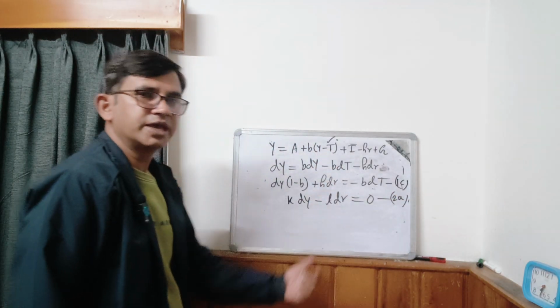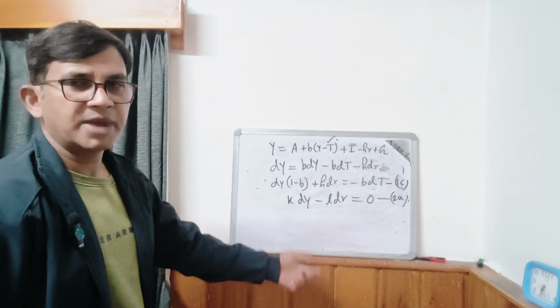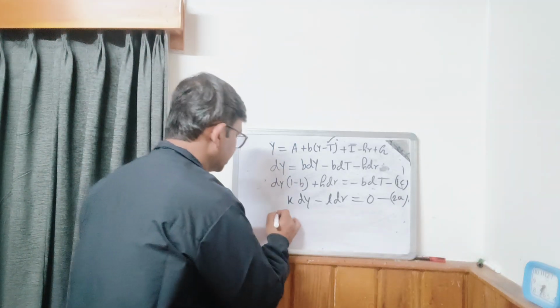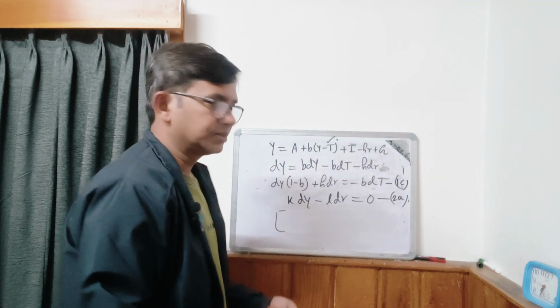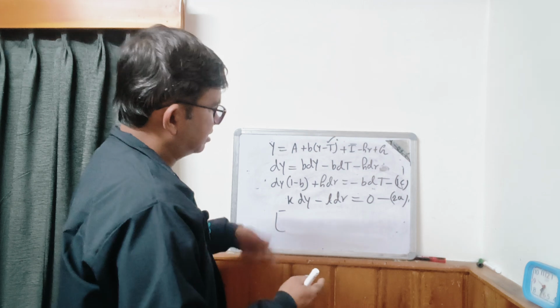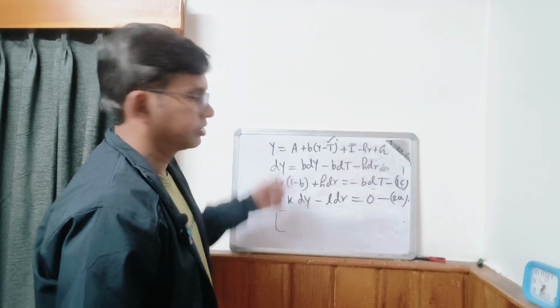So if we again use the matrix multiplication form, the left hand side will not change. Look, it will be the same as the previous equation.